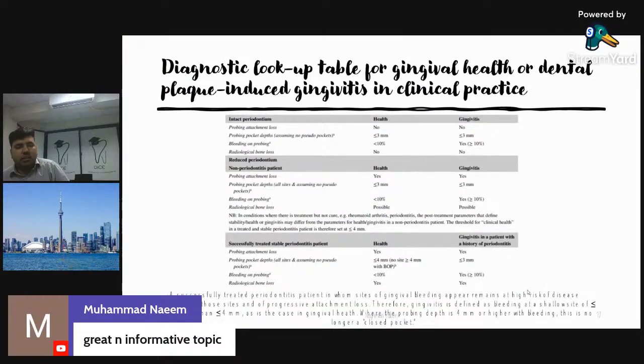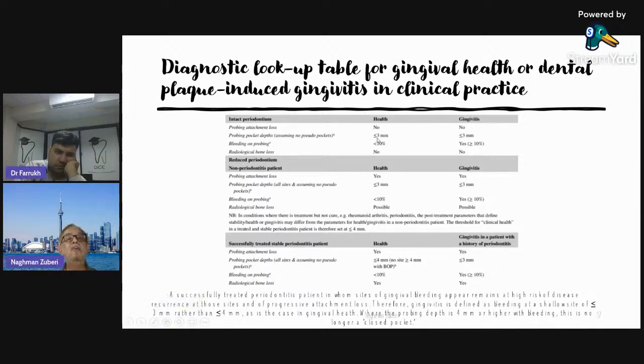Diagnostic lookup table for gingival health or dental plaque induced gingivitis in clinical practice. So, what it would be like, the three conditions I told you: intact periodontium, the probing attachment loss will not be present, gingivitis will not be present. Probing depth, assuming no pseudo pocketing, meaning the patient is not using any drugs or does not have any familial gingival enlargement, will be up to or less than 3 millimeter.